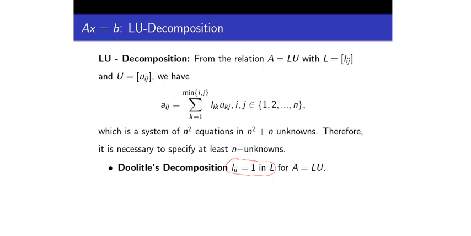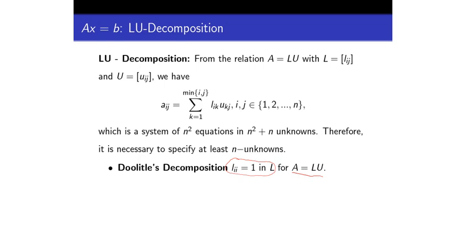The diagonal entries L11, L22, L33 and so on till Lnn contain n values. Those n values are fixed and equal to 1. If you fix those n unknowns, then you will be able to solve the equations, and the corresponding decomposition is known as Doolittle decomposition.